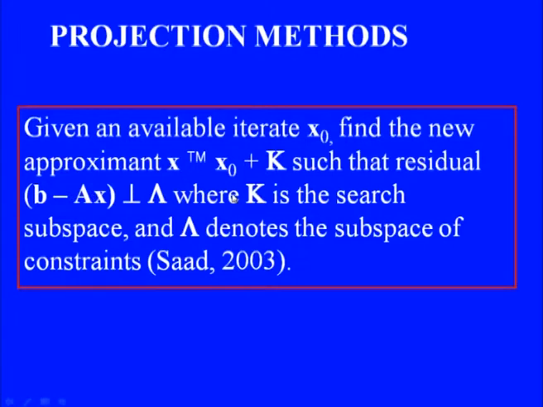Here K is called the search space or search subspace, that is to say we are going to take vectors from this subspace to get our new iterate, and lambda denotes the subspace of constraints. For a more definitive definition of projection methods, please have a look at the book by Saad published in 2003. We will give the complete bibliographic detail of this book towards the end of the lecture.